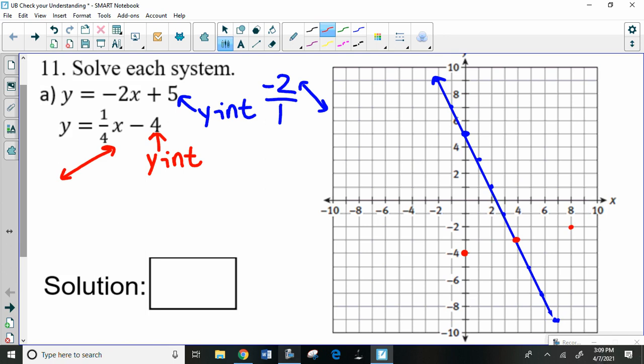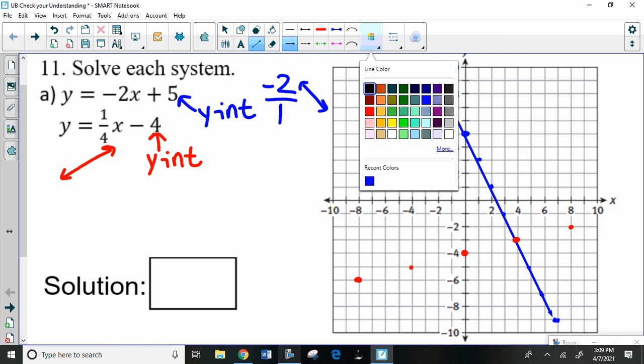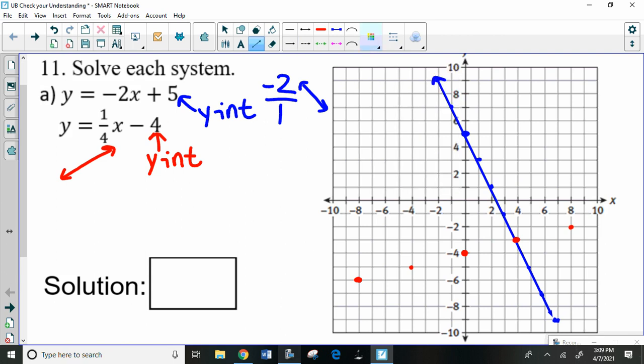And we found our intersection point already. But again, use your ruler or the line tool to connect your points with a straight line.